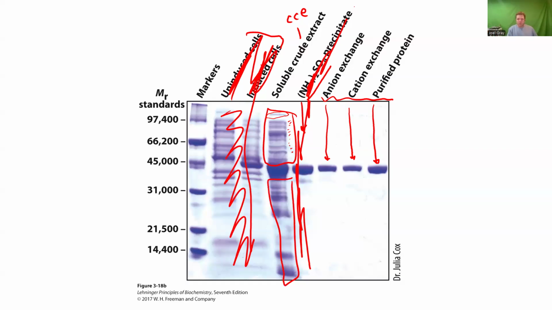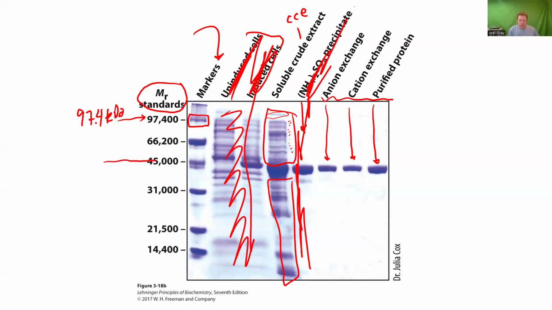Now, in every SDS-PAGE, the most important part is represented by this first column. This shows what are known as your molecular weight standards. These have proteins of known sizes. For instance, this first one that I have a small rectangle around is 97.4 kDa.